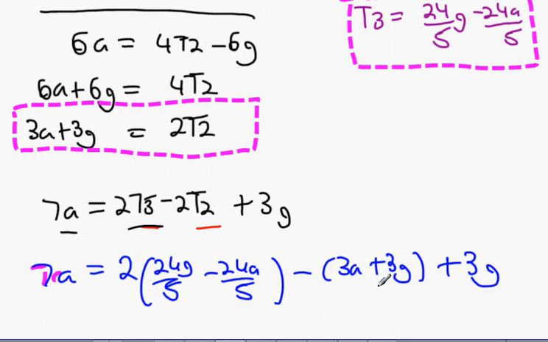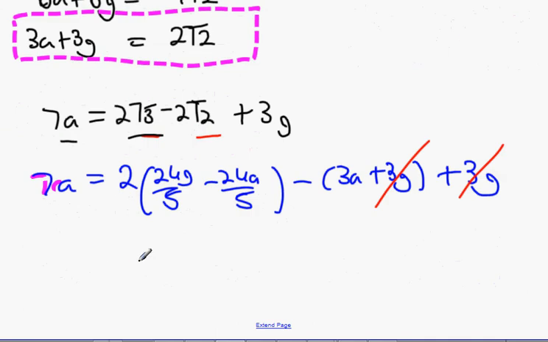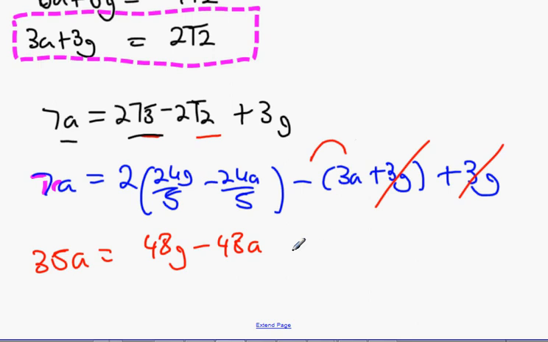Those 3G's will cancel. And then I'm going to multiply everything by 5, so I'm going to get 35A equals 48G minus 48A. And then I'm going to multiply that by 5 as well to get minus 15A.